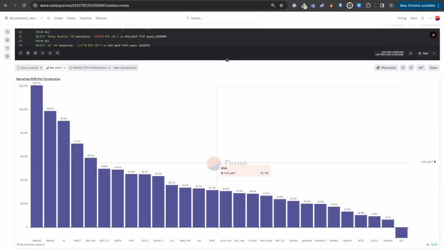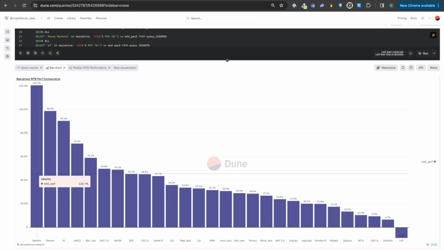But I would use some of these as examples of how you can think about narratives, how you can use them and trade them, and see patterns. So for example, identity has a few assets that I've listed as the index of the identity narrative, which are WorldCoin, then Ethereum Name Service, ENS. WorldCoin is WLD, and the last one is another identity related project.